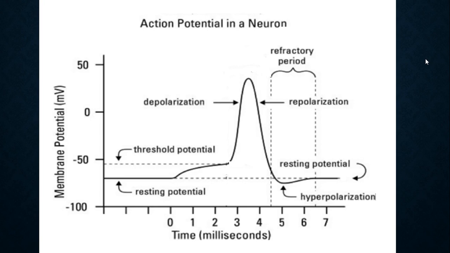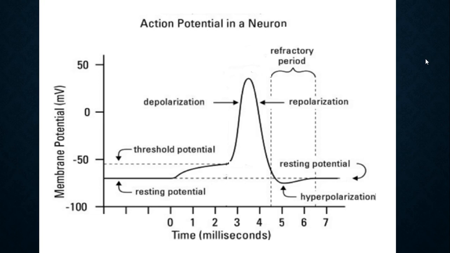It starts at the dendrites, ends at the axon terminal, and it's got to travel the whole way through. A traveling nerve impulse or a traveling action potential is called nerve transmission. That's what we're going to talk about today.